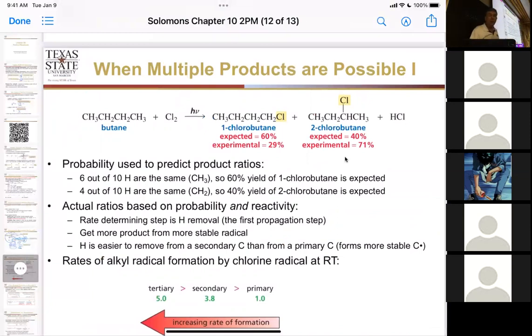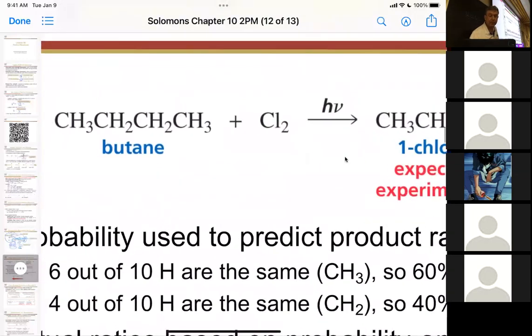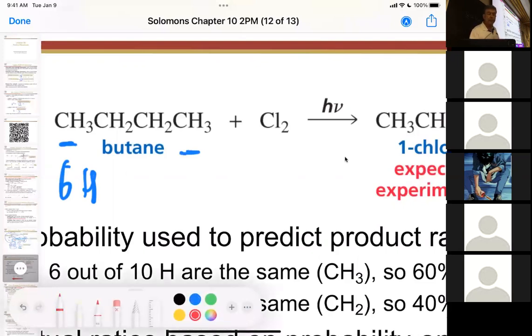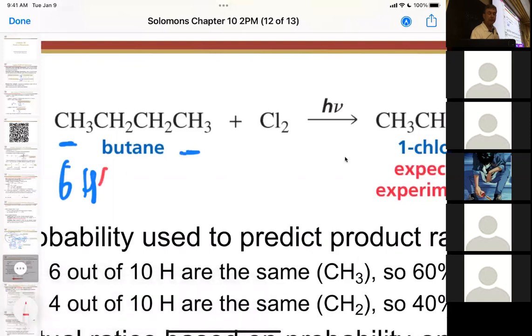Okay, so if we look at this, these two methyl groups at the end are basically the same, right? It's butane, they're basically the same. So we have a total of 6, 3 on one side and 3 on the other, of this type of hydrogen.